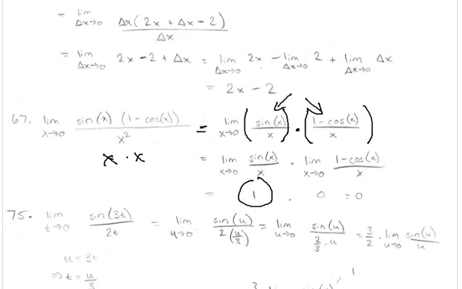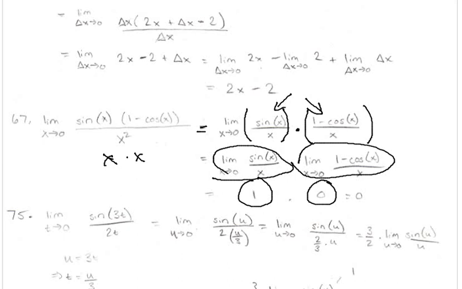And the limit of 1 minus cosine of x over x exists, and as x goes to 0, it goes to 0. So the limit of these two things multiplied together is just their limits multiplied together. So 1 times 0 is just 0. So number 67 is done.